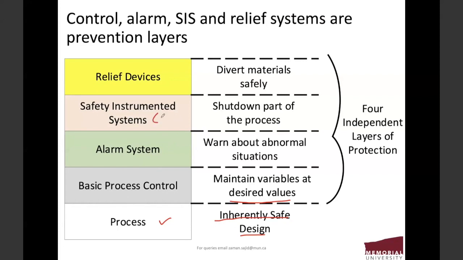This is our SIS. It shuts down part of the process if it is not safe to operate. And so far, our next layer is the relief devices, which divert the material safely. Four independent layers of protection. Let me do this. This is 1, this is 2, this is 3, and this is 4.